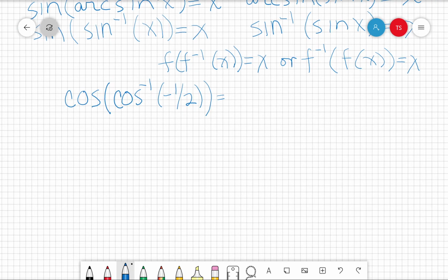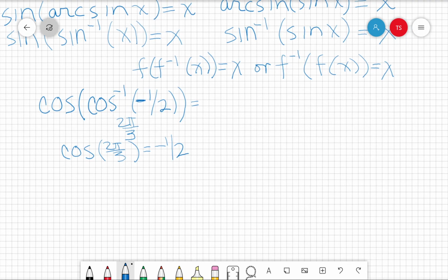So the angle whose cosine is negative 1/2 is going to be a pi over 3 angle, but since it's negative, it'll be in quadrant 2. So this is the angle 2 pi over 3. And then we're evaluating cosine of 2 pi over 3, and that's going to be equal to negative 1/2.